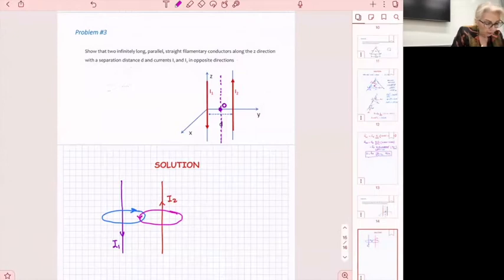So the two magnetic fields superimpose. In that case, you will have to just find the field here. If this is the y direction, this is the x direction, and this is the z, the field here is going to be along the positive x direction, the total field. And so H here is going to be along the x direction.